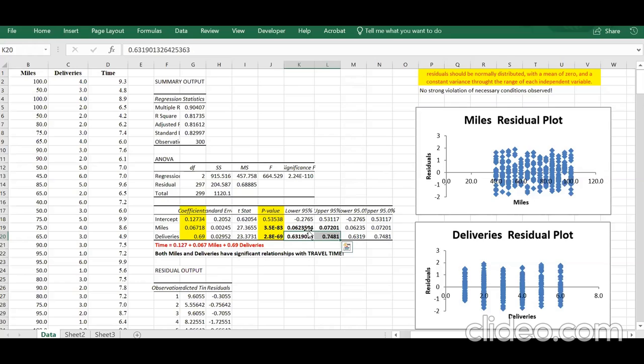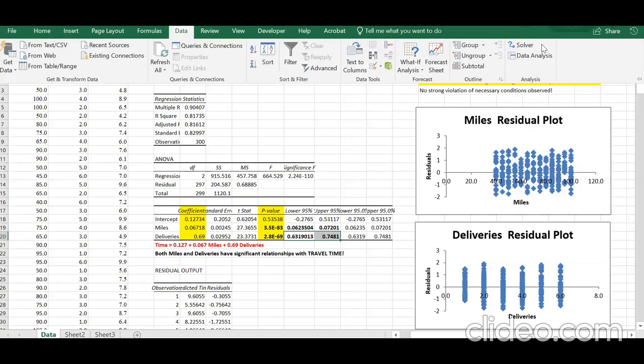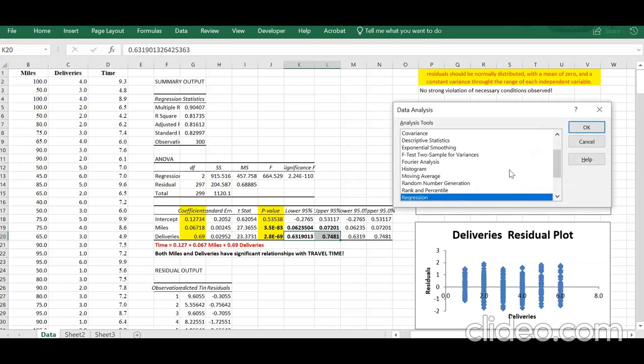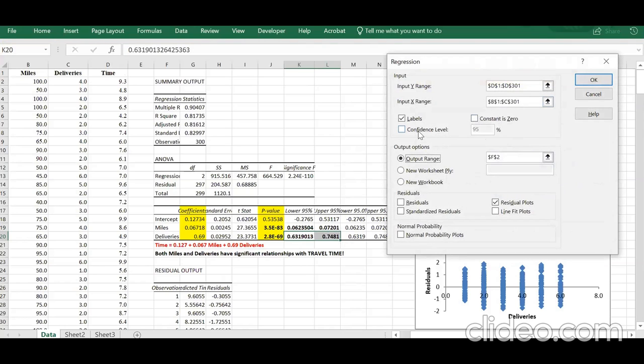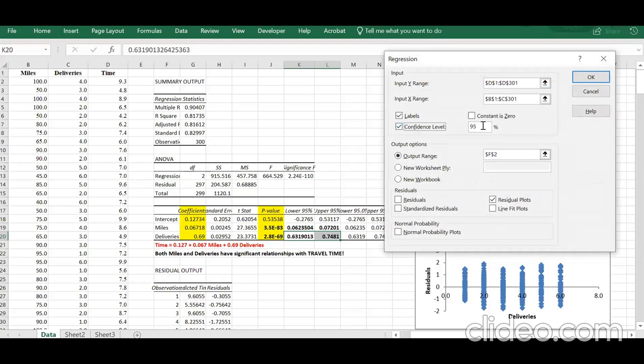So this is another factor that is important. We now have the 95%. By default, Excel provides you with 95%. If you are looking for a different confidence level, when you're in the regression tool, here you can check the confidence level and change it to whatever value that you want, like 99%, and then you will have 95%, lower and upper, and lower and upper for 99, for example.